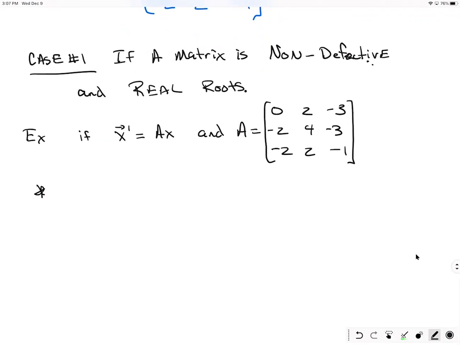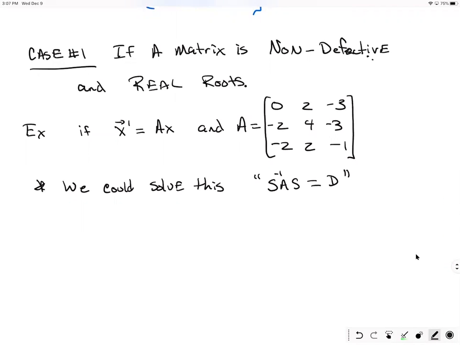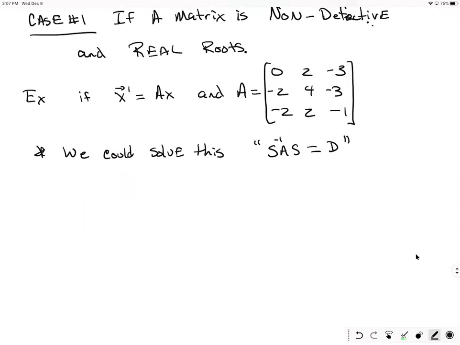So, by the way, we already know how to solve this. We could solve this using the S inverse A S equals D form that we did before. We could solve it that way, right? We already know how to do this, but this is another view of this. This is actually easier, in my opinion. So we find the eigenvalues and the eigenvectors.